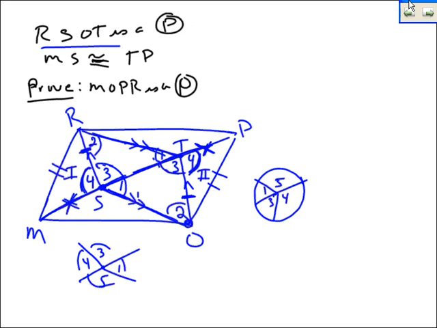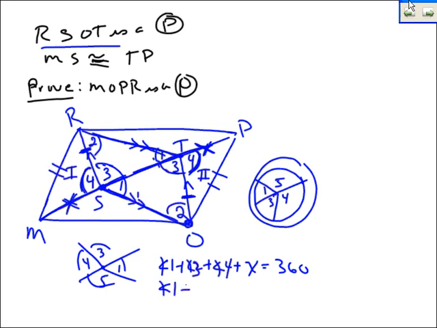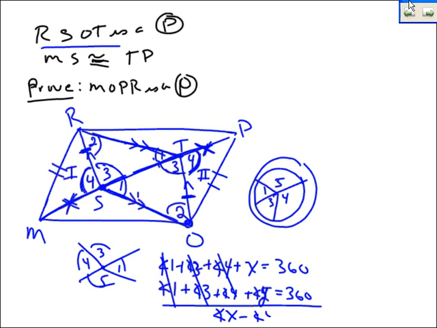It's what you add to 1 plus 3 plus 4. Angle 1 plus angle 2, plus angle 3 plus angle 4 plus X must equal 360. And at point T, you also have angle 1 plus angle 3 plus angle 4 plus angle 5 is equal to 360. If you subtract, we'll call it angle Y. You have that angle X minus angle Y is equal to 0. So angle X and Y are equal to one another.